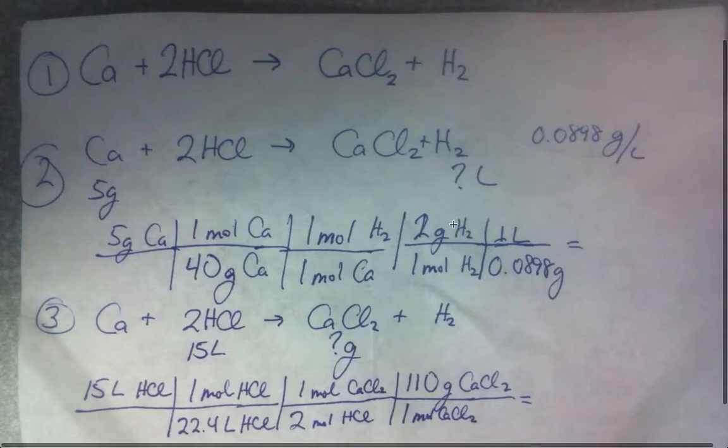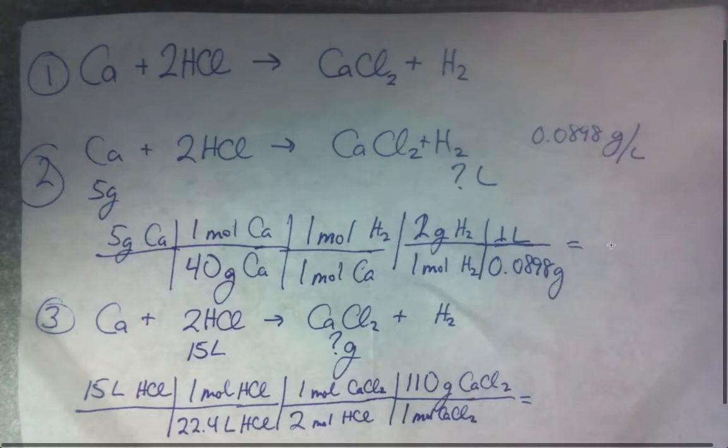Now for this equation, you're given the density, which is in grams per liter. So now you're going to convert that grams to liters using the density equation. For this particular equation, I want grams on the bottom, so I'll put grams on the bottom with liters on the top. That is a funny looking one, but that's my 1 liter on top. So grams of hydrogen are gone. You're left with liters of hydrogen.